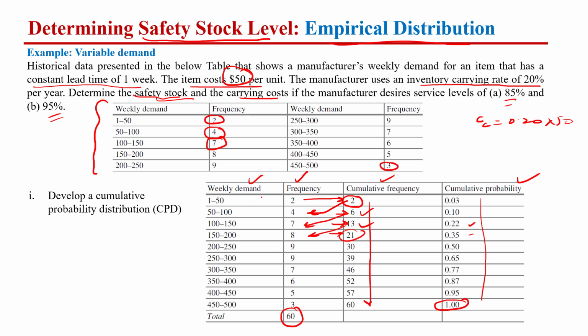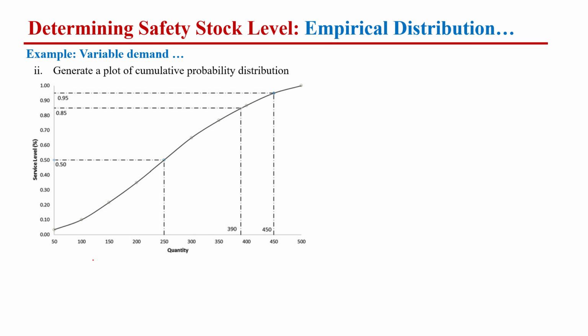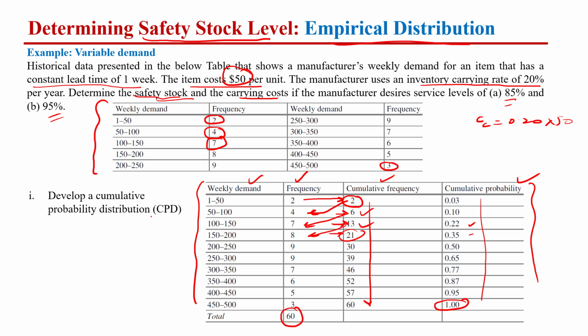Now we are going to draw this weekly demand as well as the cumulative percentage. This is the quantity, which is basically the weekly demand, and this is the cumulative probability, or you can say the service level from 0 to 100%, which is 1. The weekly demand is always plotted from the upper class value, which means 50 to 500.